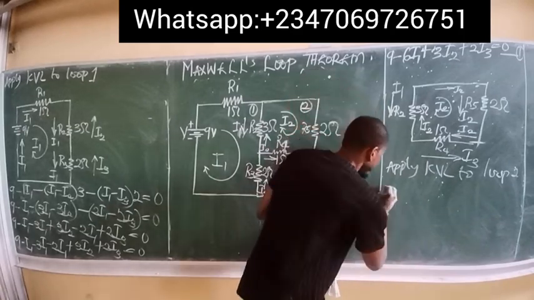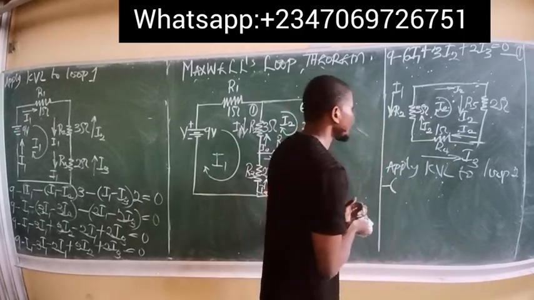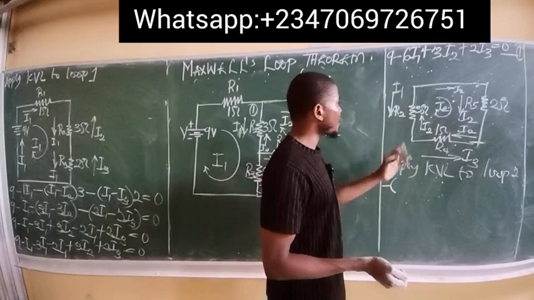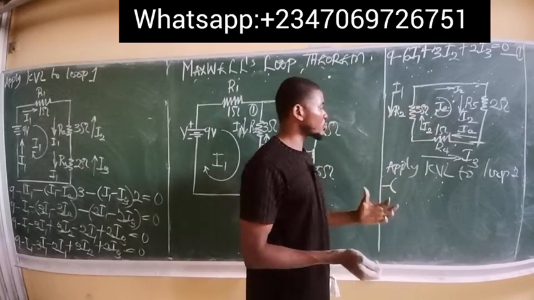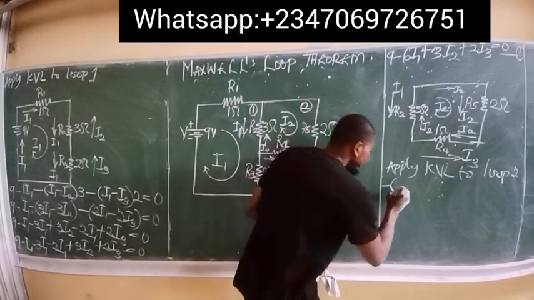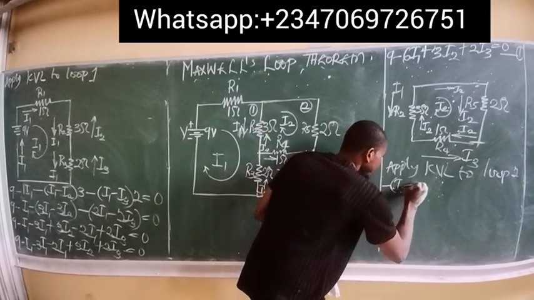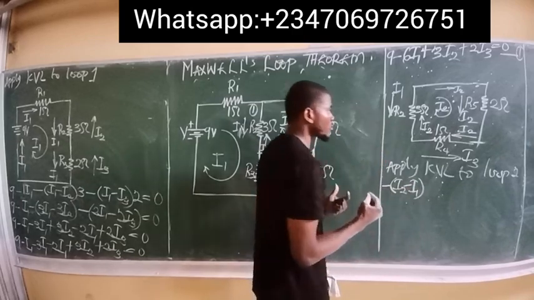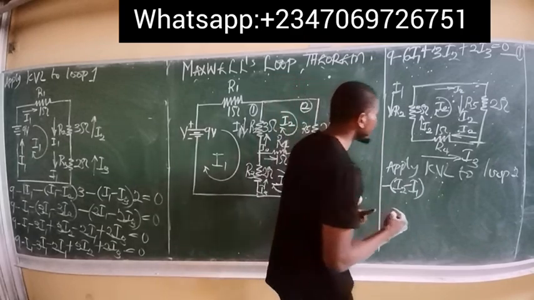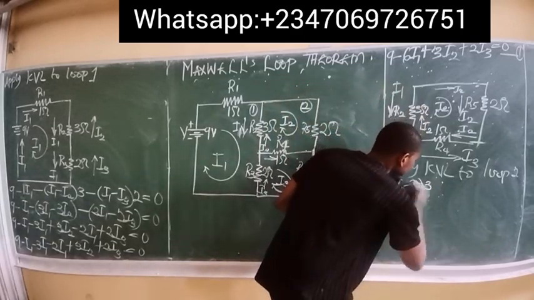For that reason, I have minus, which shows potential drop. But then it's not just I2 that is flowing through this R2. I have I1 also flowing through R2, but in opposite direction. But since I'm on loop 2, it simply becomes I2 minus I1, the difference in those currents, times the resistor. That gives us the potential difference. And the resistor is simply 3 ohms, so multiplied by 3.